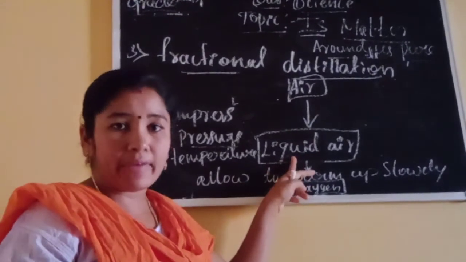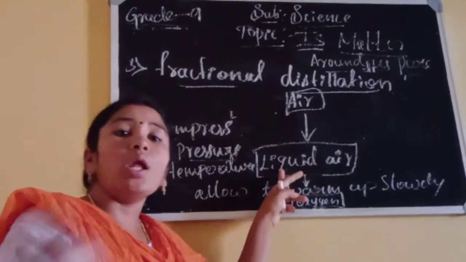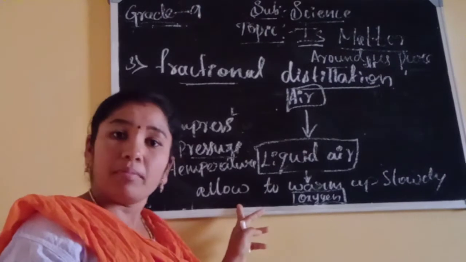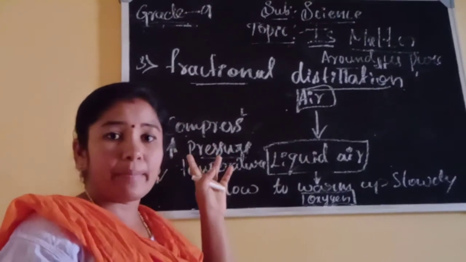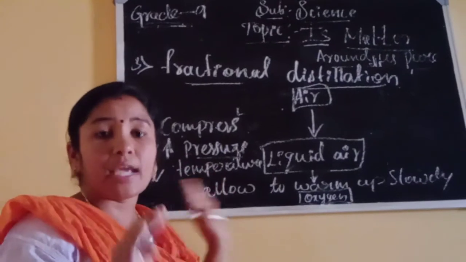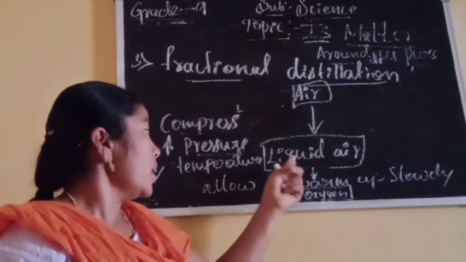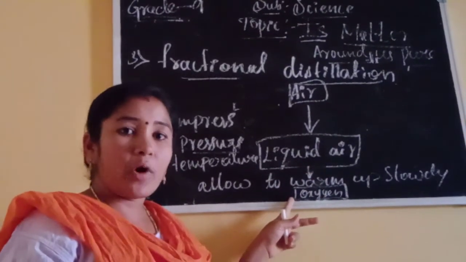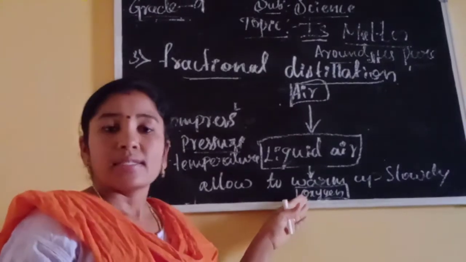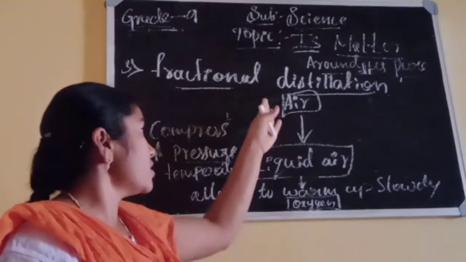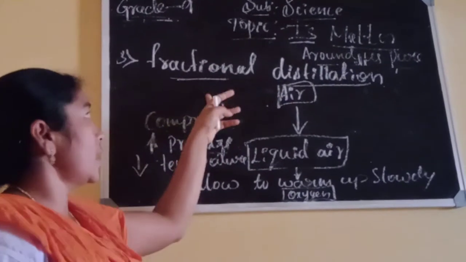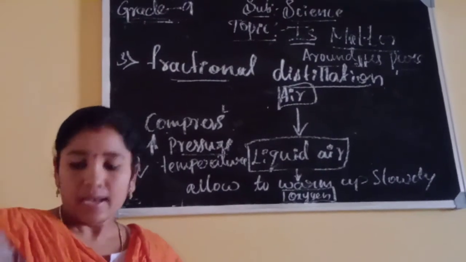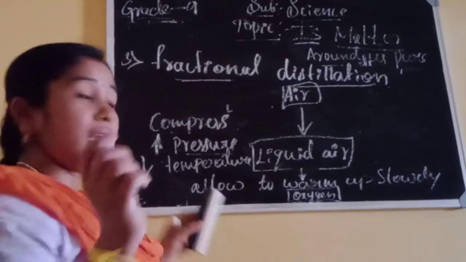Then you get liquid air. This liquid air you allow to warm up slowly in the fractional distillation flask. I have drawn the diagram of the distillation. In that type of flask you allow that liquid air, then it is heated, and depending upon the boiling points of each gas, they separate. Understand? Through the fractional distillation method we can separate individual gases from the mixture of air. Understand? Let's see now another technique, that is crystallization.